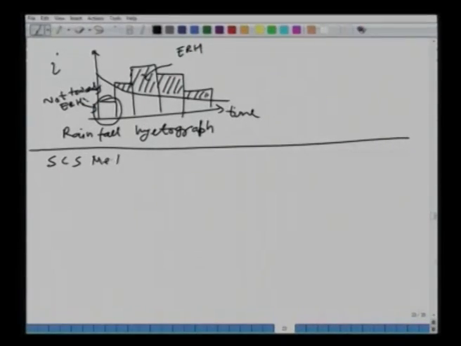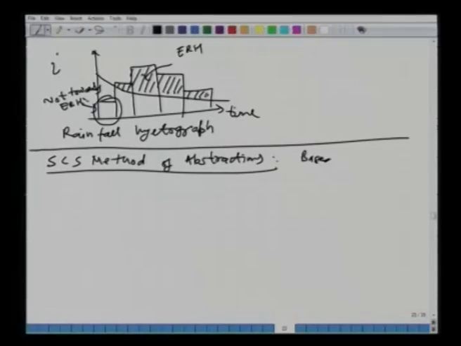SCS method of abstractions. This method is based on a certain concept or assumption. Okay. We would look at that first.